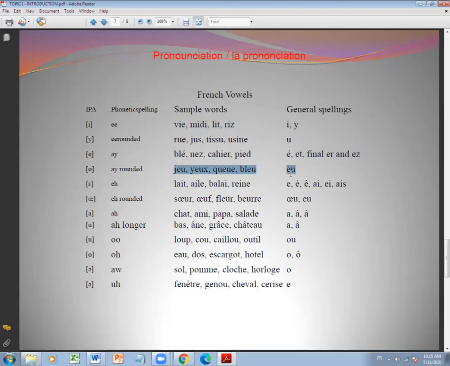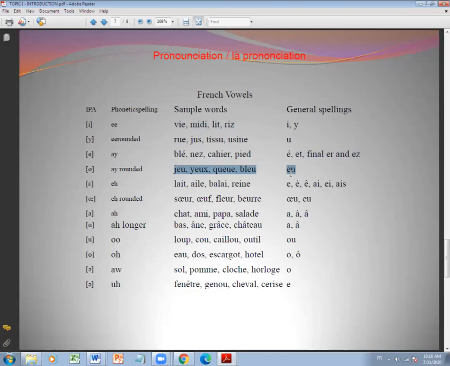EU is "o," so we say yeux. But if it comes with the determinants like the articles, you'll read it as les yeux. You slur that, because Y is a vowel, so we produce the sound Z, especially when it comes after the letter S.